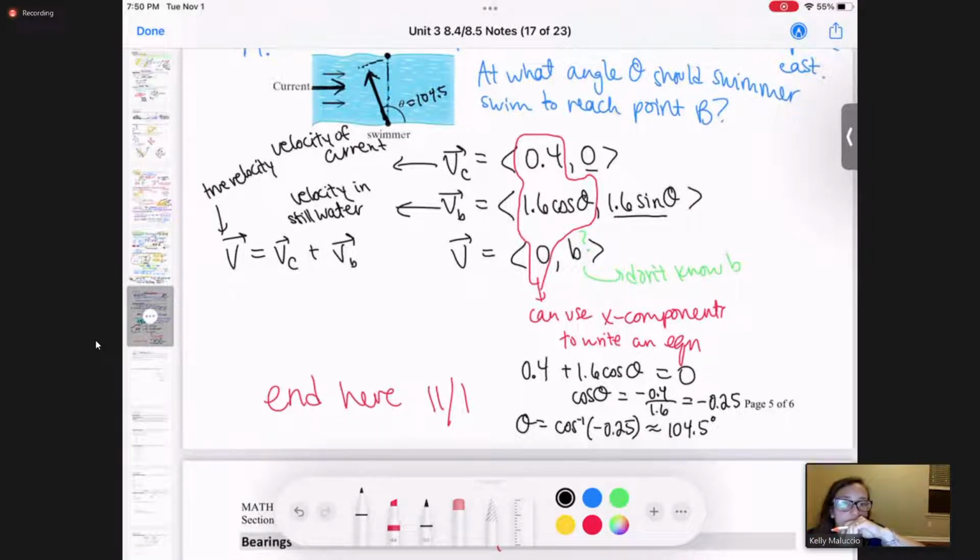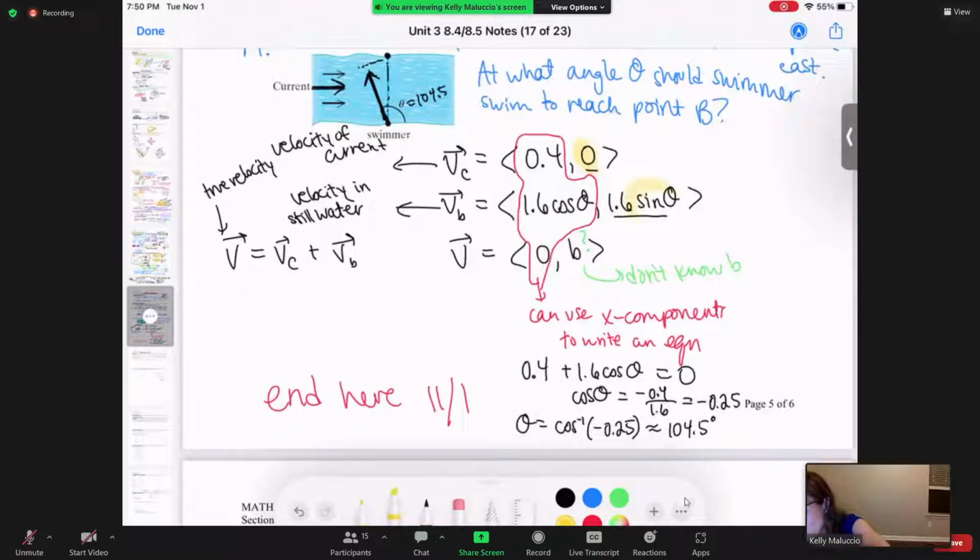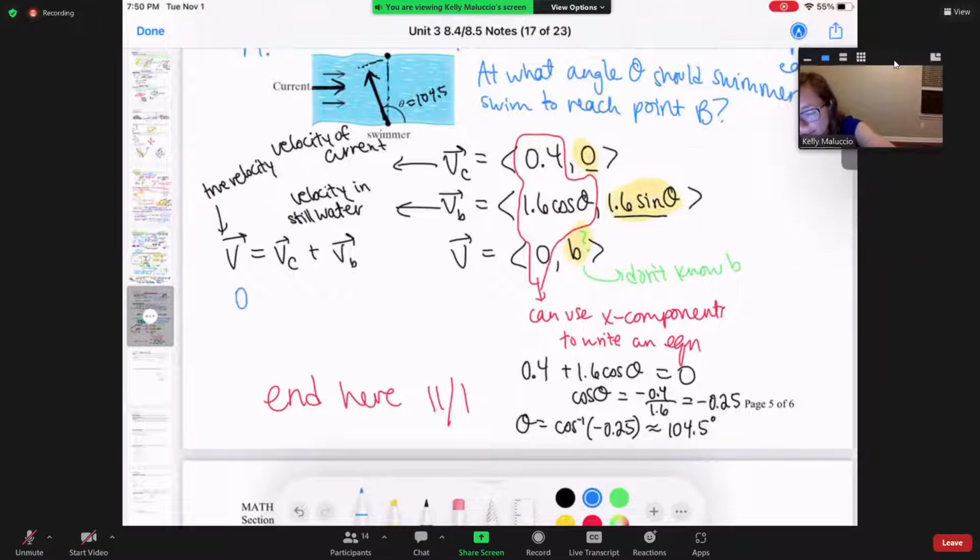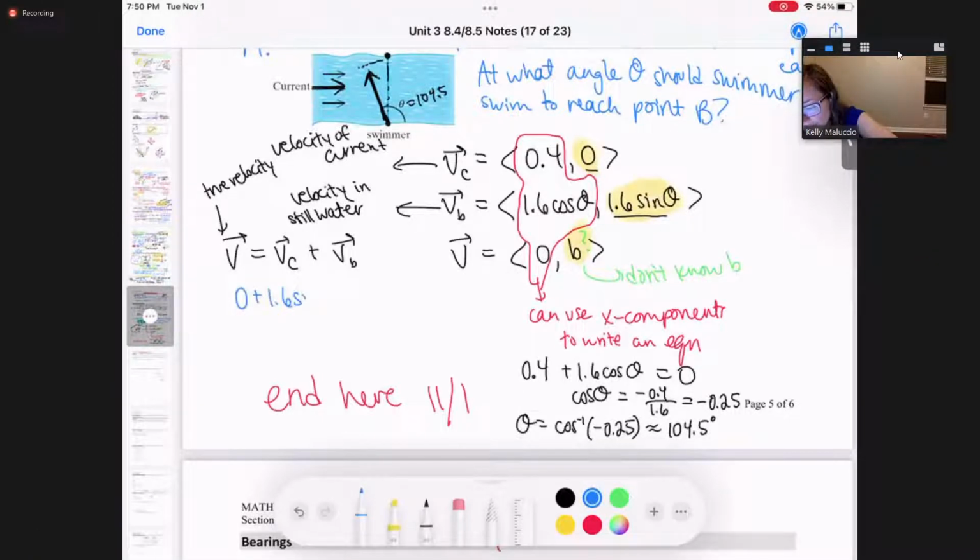So now that we found theta, we can write an equation, like I said, that takes all of the y components, and we would say 0 plus 1.6 sine theta has to equal b.